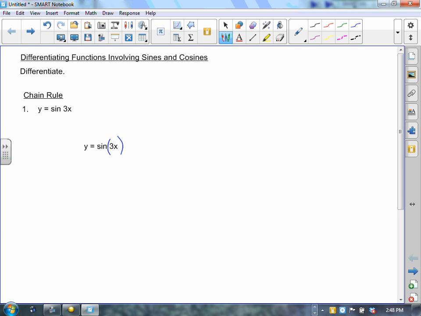It really is also the inner function in this case. We can denote that as being u. And if we're going to express the inner function in terms of u, what that means is that here on the outside, we have an outer function, which we'll denote as the sine of u.